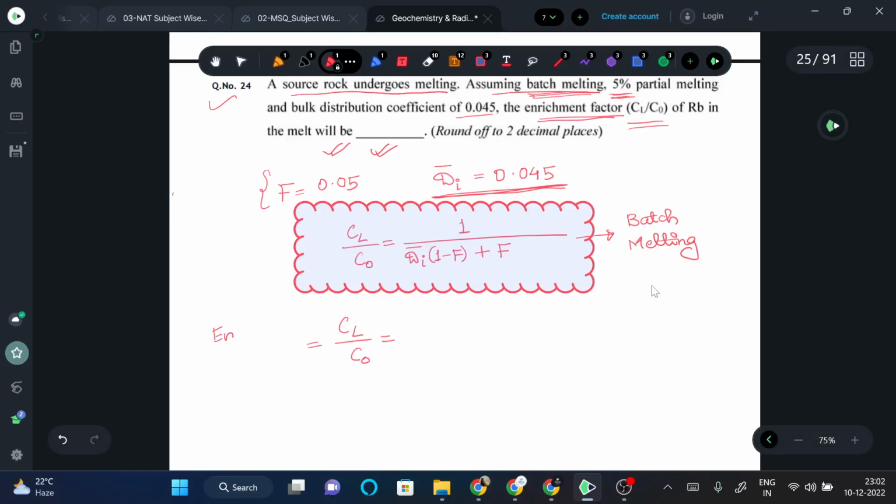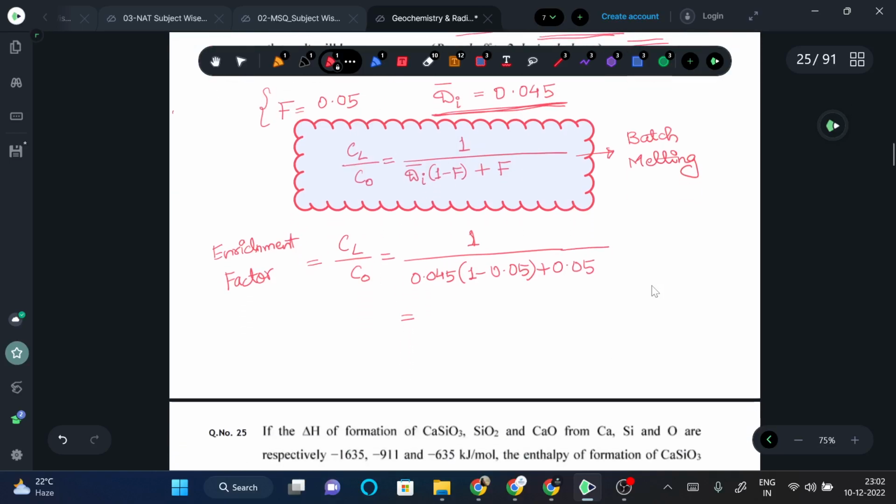Write it here. Enrichment factor is 1 divided by di bar. You have di as 0.045, 1 minus F, you have 0.05, plus F, you have 0.05.